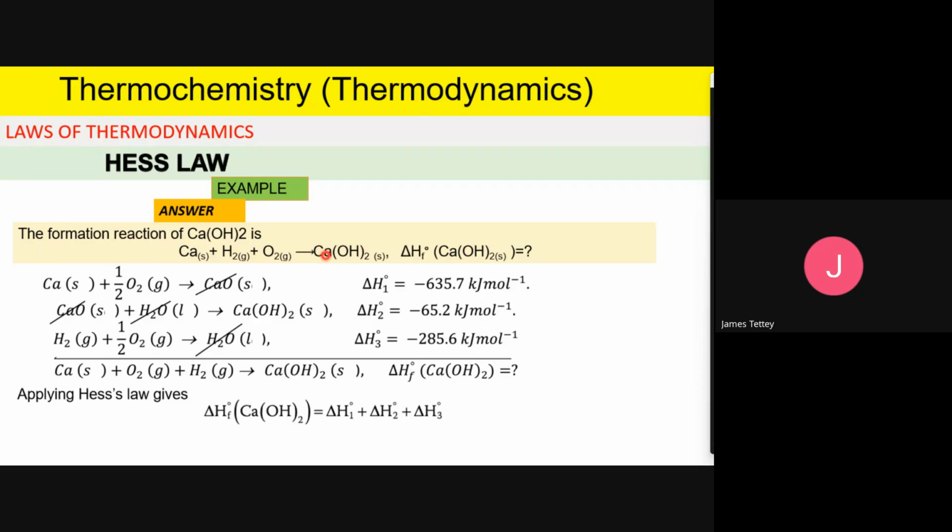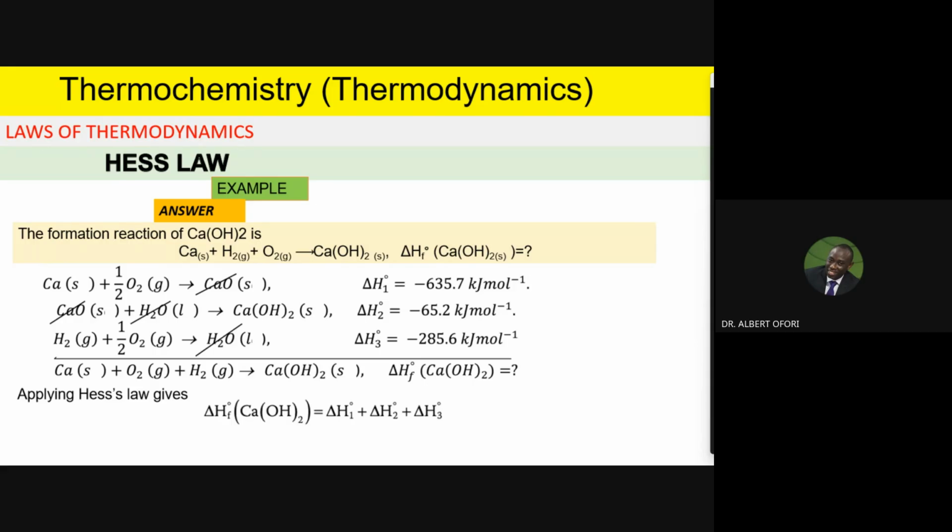So could there be instances where, for instance, with the water you cancelled, there could be differences in their moles? Let's say 2 moles of water in the second equation, and 1 mole of water in the third equation. In this particular instance, what do we do? That is where I'm saying there are some equations which you have to multiply. If at the end the overall reaction which I want does not include water, and I want to get rid of the water, then one of the equations must be multiplied.